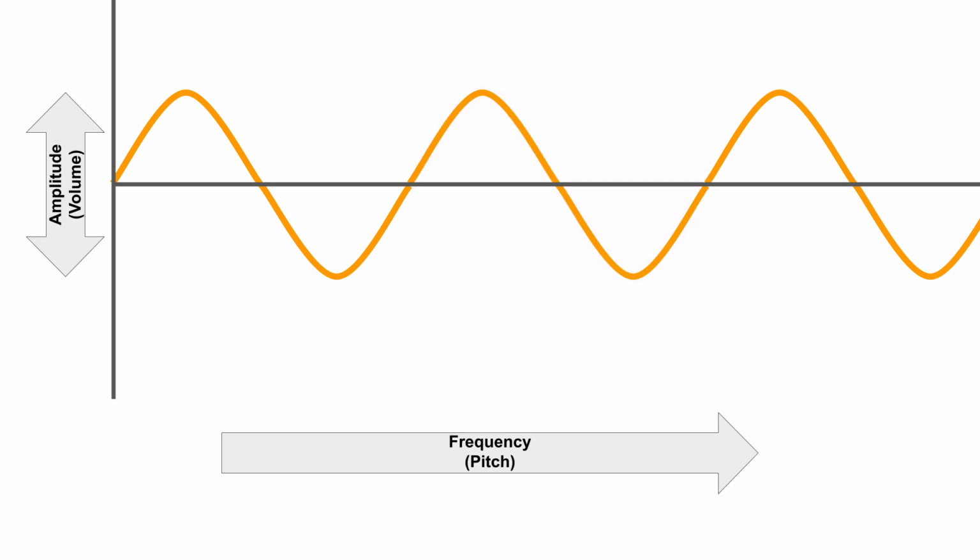We measure how often those cycles happen in 1 second. And we call that measurement the frequency. How frequent are these sound waves? During 1 second, how many sound waves reach our ears? We perceive changes in frequency as changes in pitch.